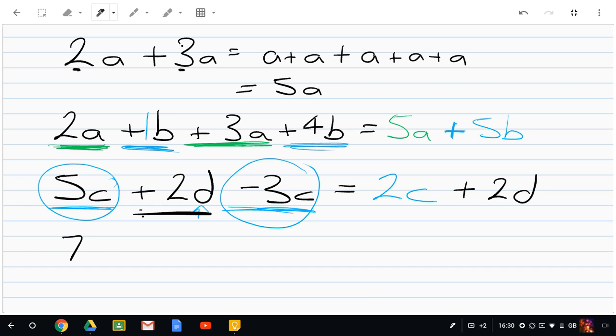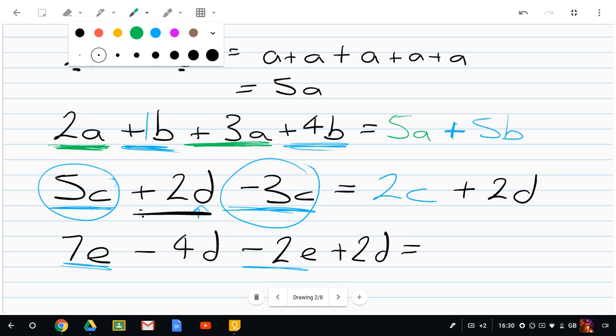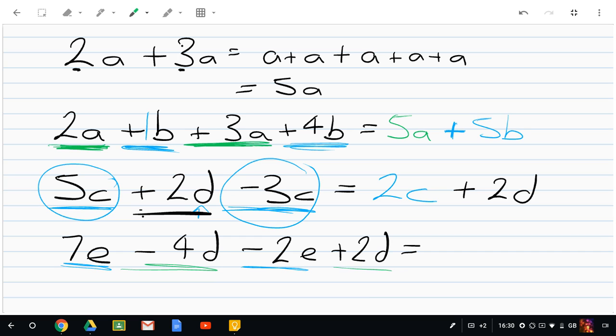Be careful of your order of operations. So if I have 7E minus 4D minus 2E plus 2D, here you can see that I have two pairs. I have my E's and I have my D's.